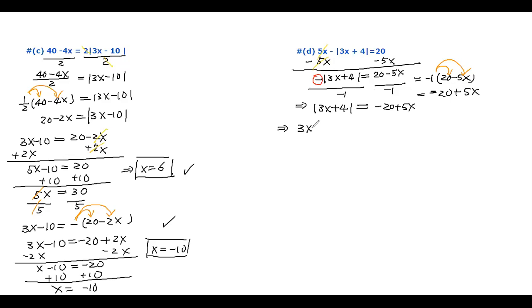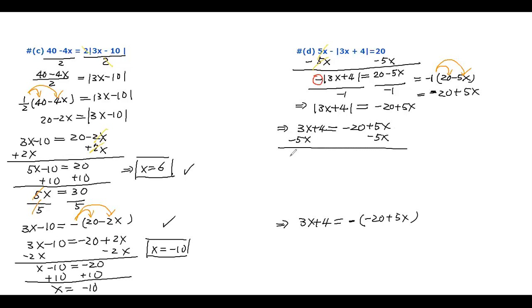So this is 3x plus 4. The first one is always just equal to itself: negative 20 plus 5x. Then for the next one, for 3x plus 4, I need to add the negative to the negative 20 plus 5x. Then I solve for x. So let's solve for x here. Subtracting 5x, this will be negative 2x, correct?